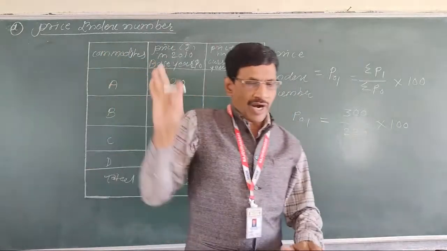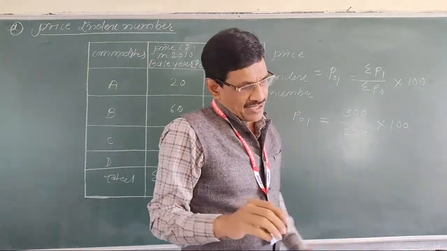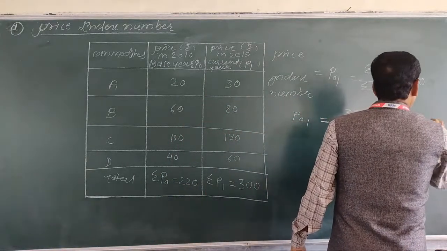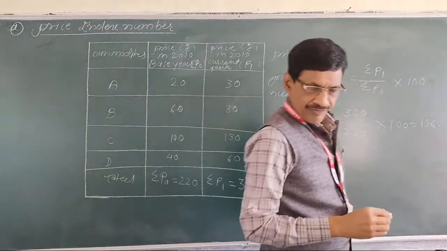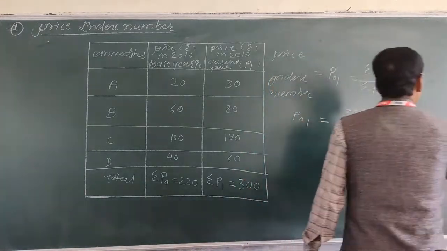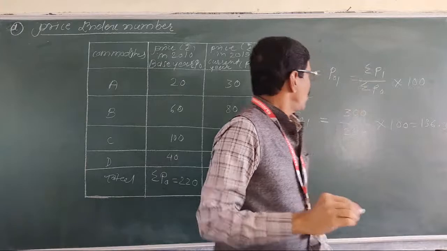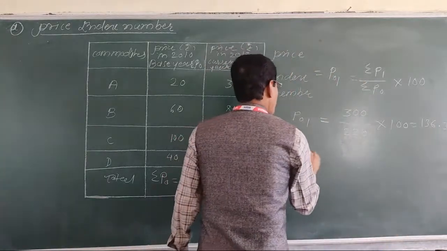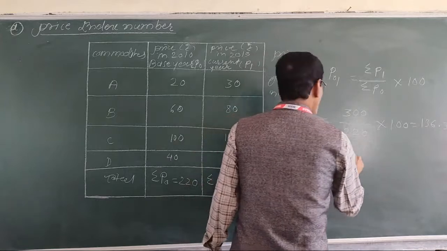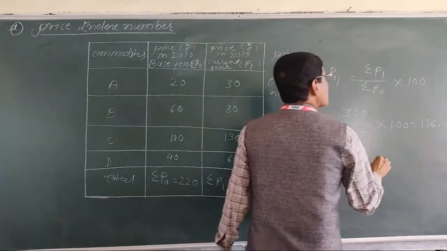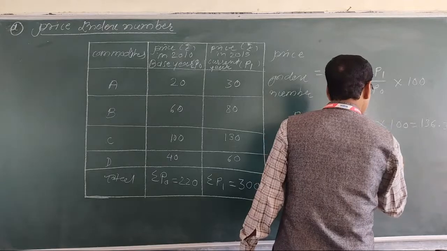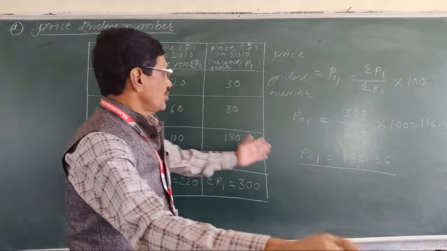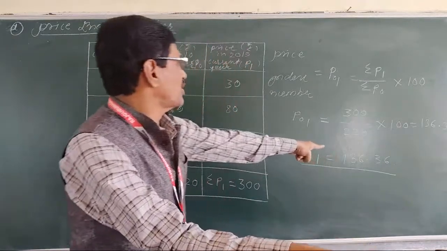So the answer is 136.36. So P01 is equal to 136.36. The price index number P01 is equal to 136.36.